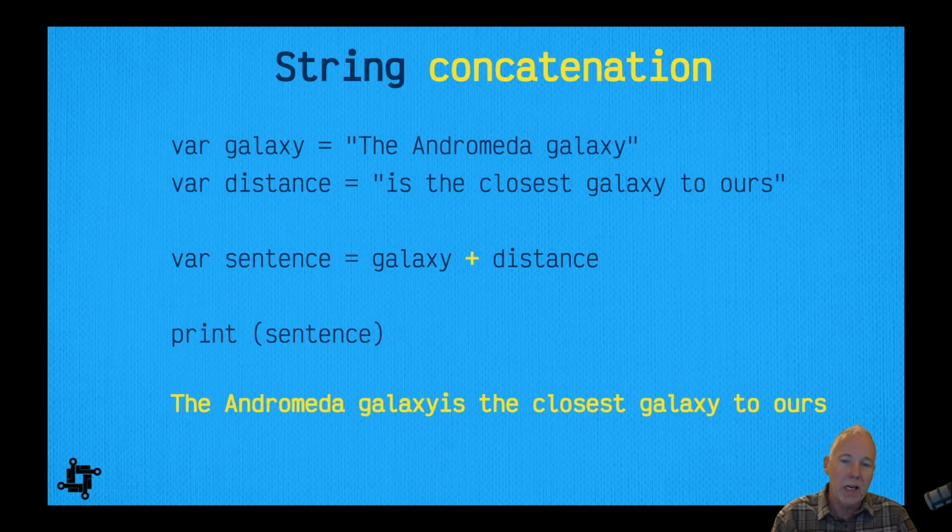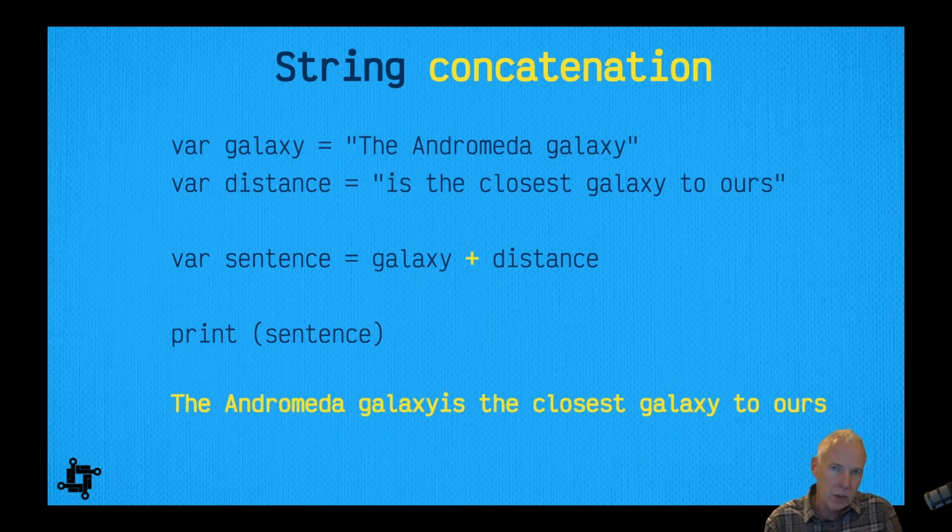First, let's look at string concatenation. So if we take the following code that we see in front of us, the first one says var galaxy equals the Andromeda galaxy, so that's clearly a string. And then var distance is a string which says is the closest galaxy to ours. So then in our third statement, var sentence equals galaxy plus distance, this is the concatenation operator.